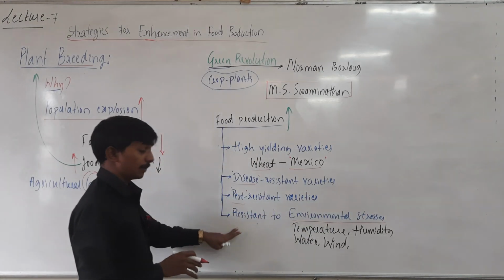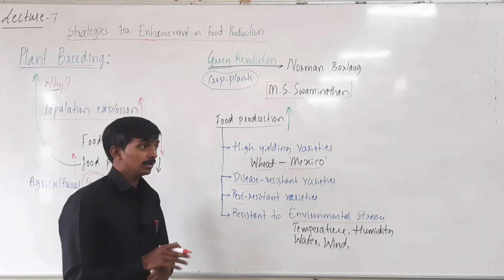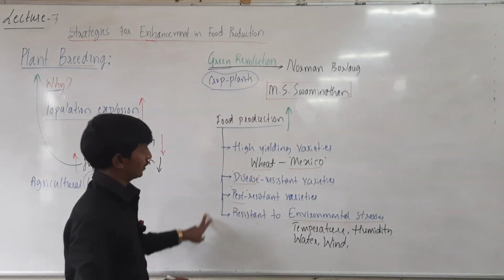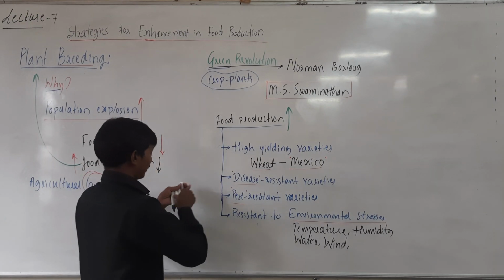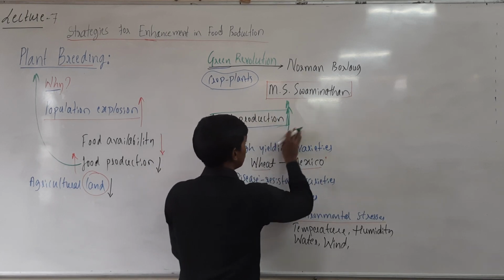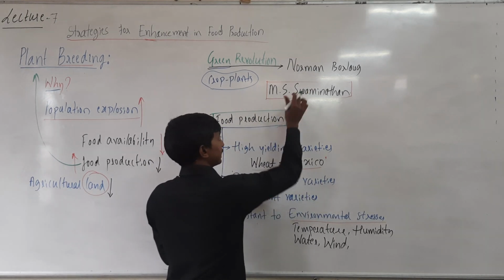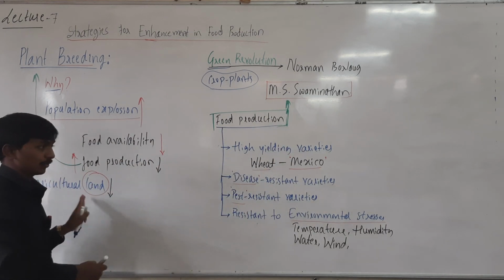So, if the plant is able to tolerate all those conditions, if the plant is fulfilling all these conditions, then of course the food production can be increased, by using the existing amount of the land.